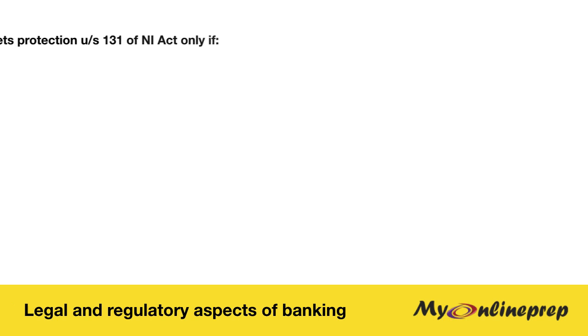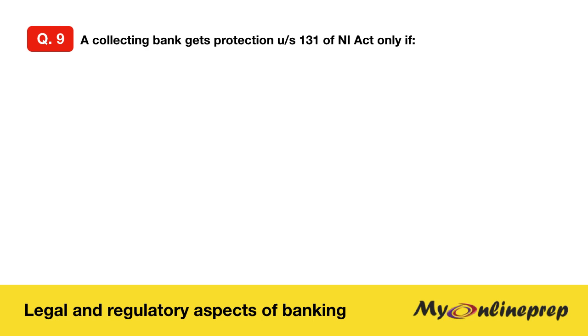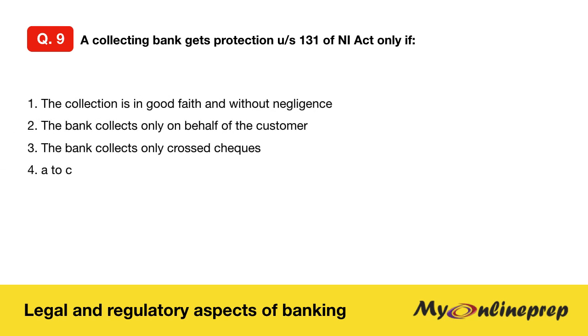Number 9. A collecting bank gets protection under Section 131 of the Negotiable Instruments Act only if: option 1, collection is in good faith and without negligence; option 2, the bank collects only on behalf of the customer; option 3, the bank collects only crossed cheques; option 4, all of the above. Correct, that is A to C. Why?